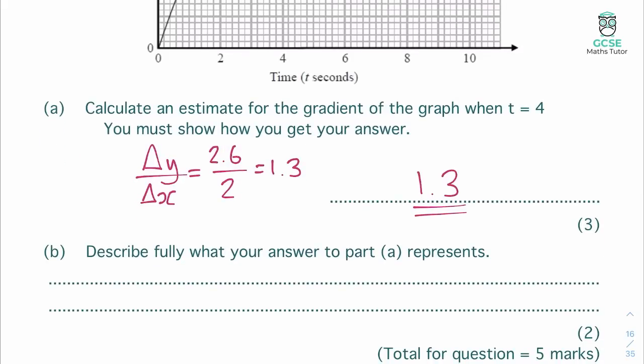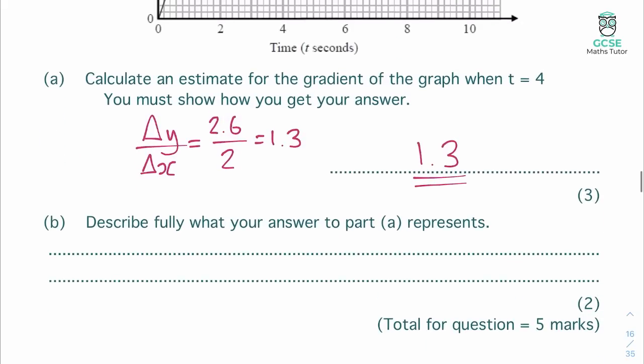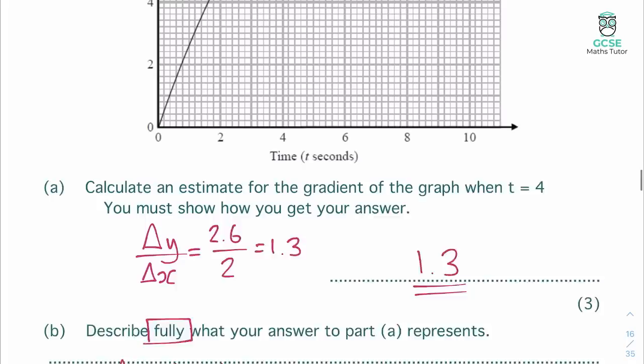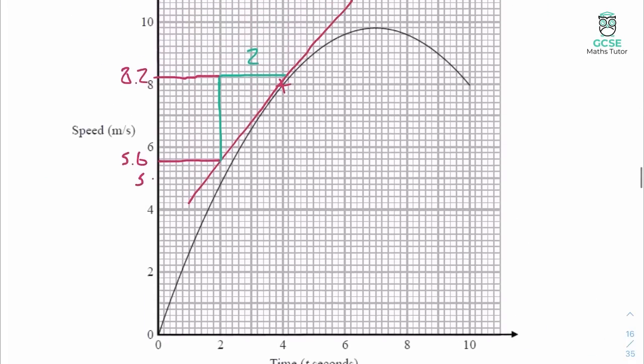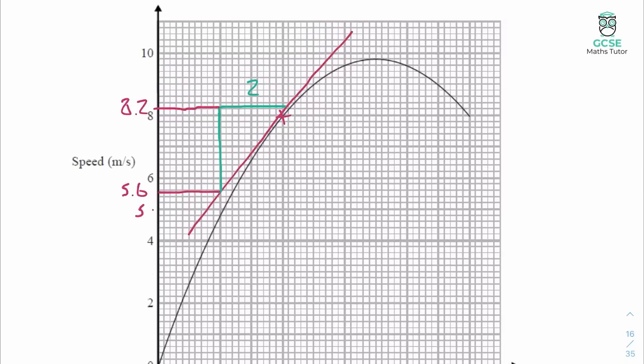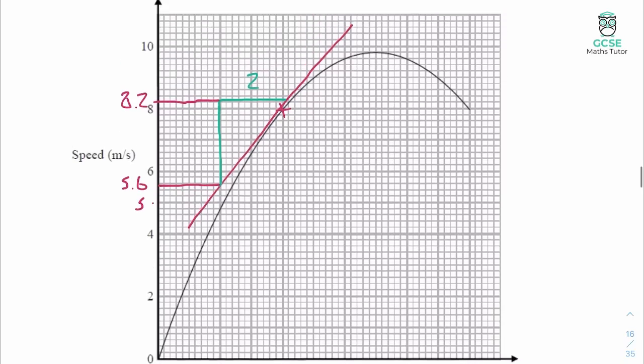Describe fully what your answer to part A represents. Okay, that word 'fully' is annoying, and that's why we're getting 2 marks for that. So describing that fully, it represents acceleration. That's always the case when we're looking at a speed-time graph and getting the gradient, because the gradient of the tangent at a curve like this represents the rate of change.